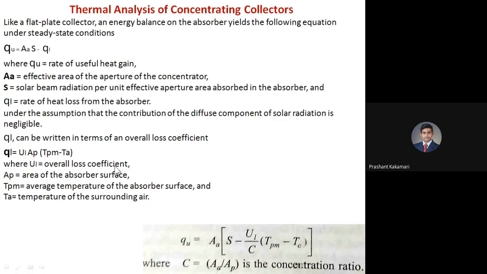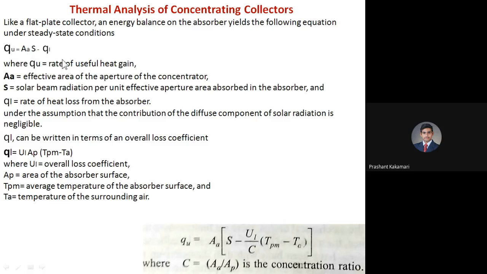Once you know these parameters, I can write the heat loss from the absorber plate as the overall heat loss coefficient UL into the area of the absorber plate or absorber tube AP, and the difference of temperature of the absorber surface to the surrounding temperature or the ambient temperature. These two equations are similar to the flat plate collector. Now what is different is the useful heat gain.